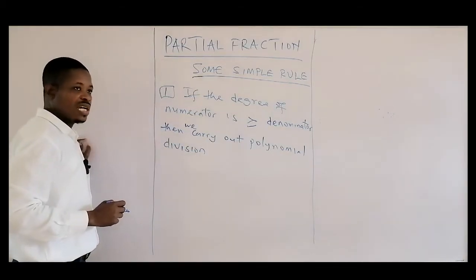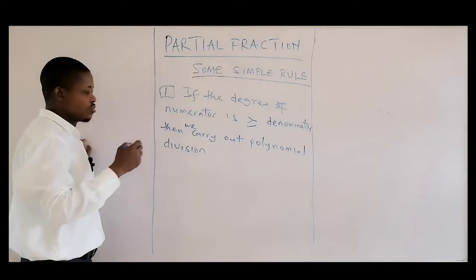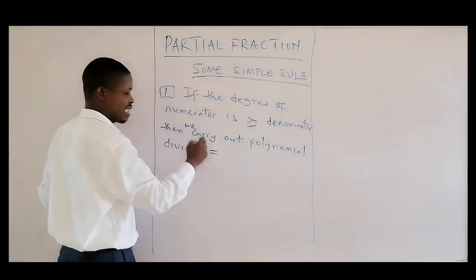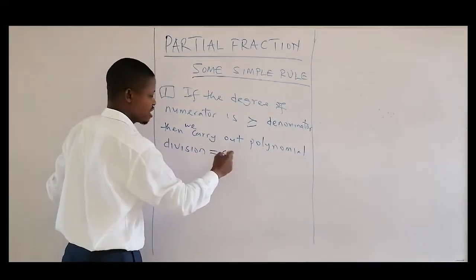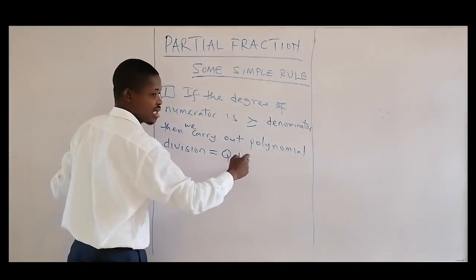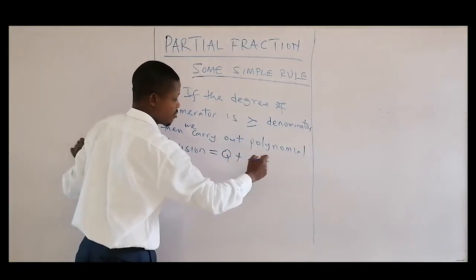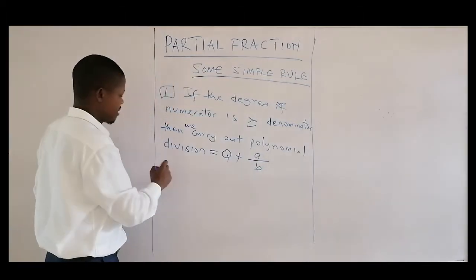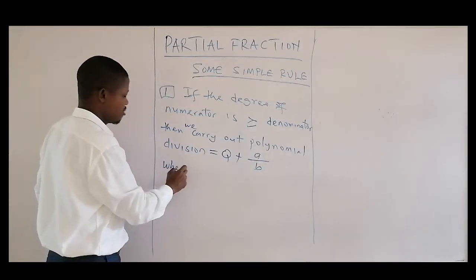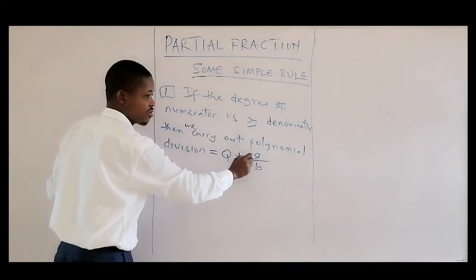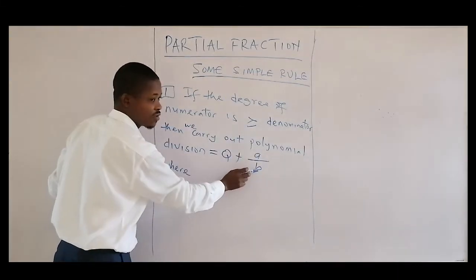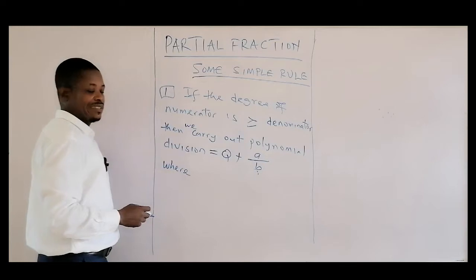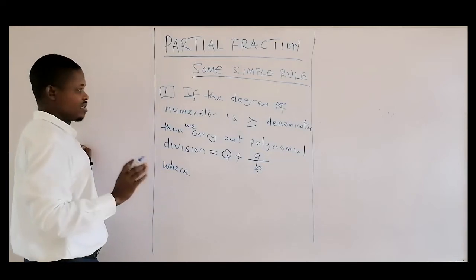When we do that, the division will give us a quotient plus a fraction, whereby the degree of the numerator is now less than the denominator. Let me repeat the first rule.